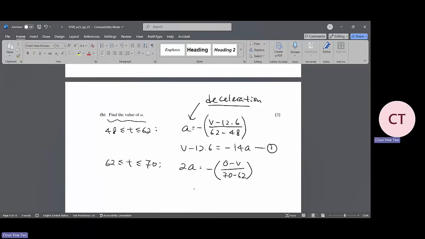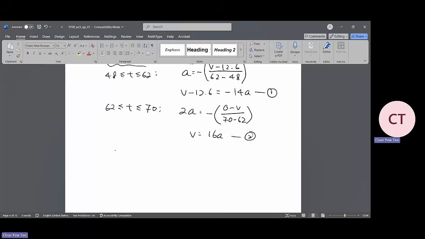So you will get V is equal to 16A. This is the second equation.